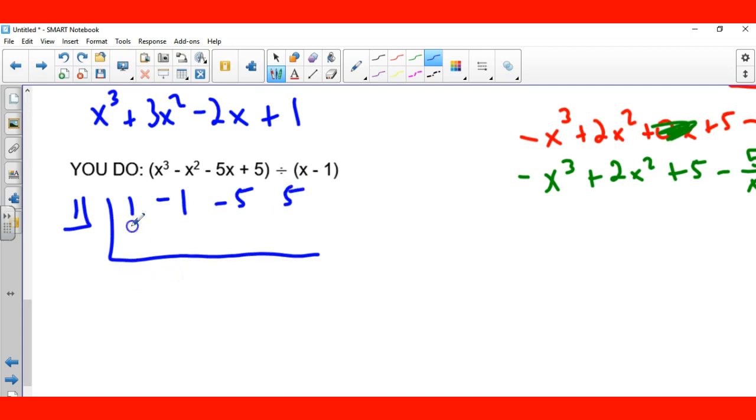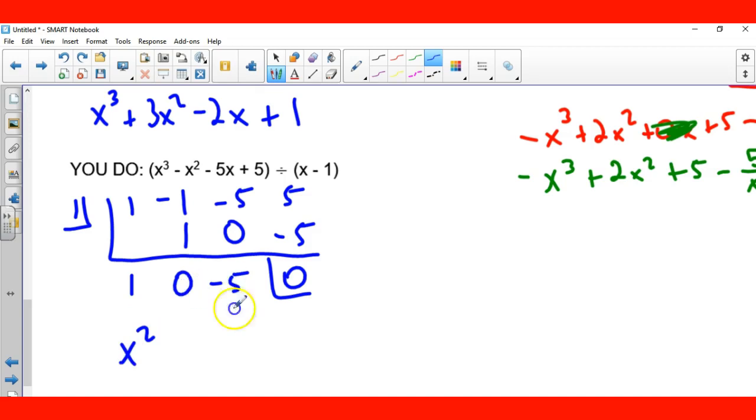Your first term, bring it down. 1 times 1 is 1, -1 plus 1 is 0, 0 times 1 is 0, -5 plus 0 is -5, -5 times 1 is -5, and 5 minus 5 is 0, no remainder. Since this is cubed, we go down a degree, so x squared, there's no 0x, so we just go -5, constant. There we go.